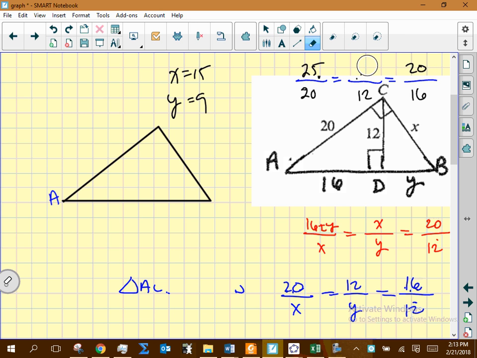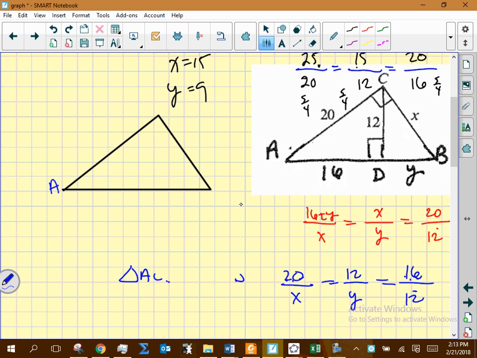Makes this here to be 15 over 12, doesn't it? So 25 over 20, what do they both have in common? 5, so it goes to 5/4, right? What do these both have in common? 3. And it gives me 5 over 4. 5 over 4. What do these both have in common? 4, and it gives me 5 over 4. So that's verification that x was 15.